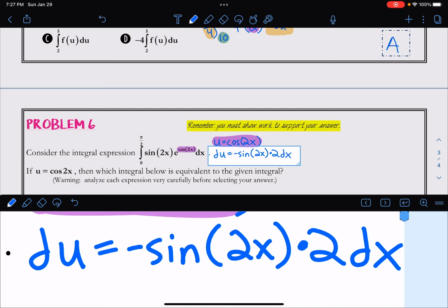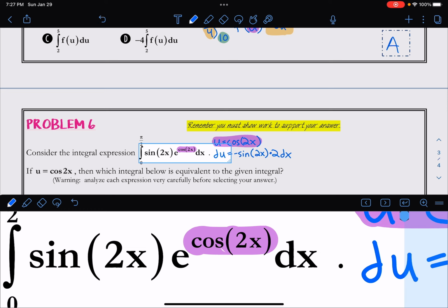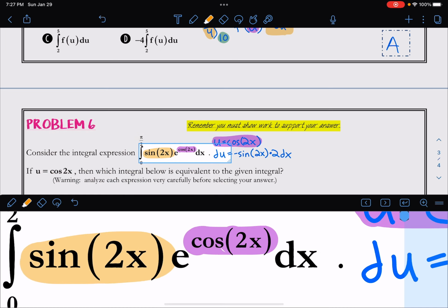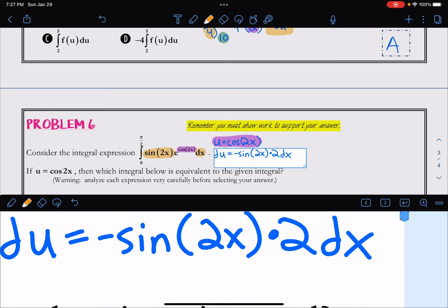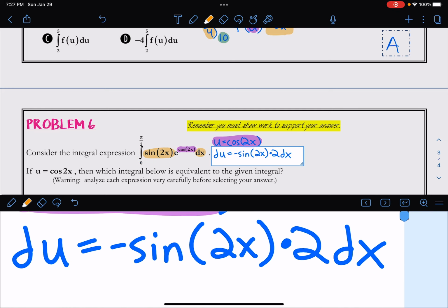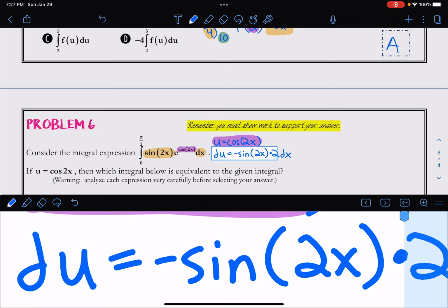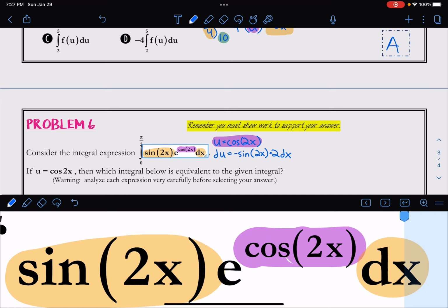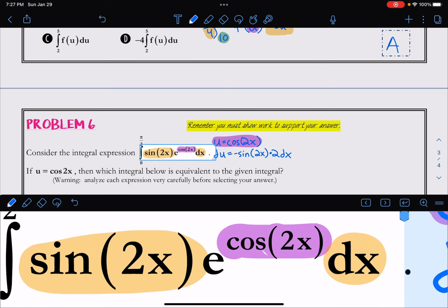And now we can look back at the integral and ask, what's in my integral? My integral has a sine of 2x. That's great. It has a dx. And so this other 2 here, I'm just going to move over. Oh, and I also need to move the negative because that's also not in my integral here.